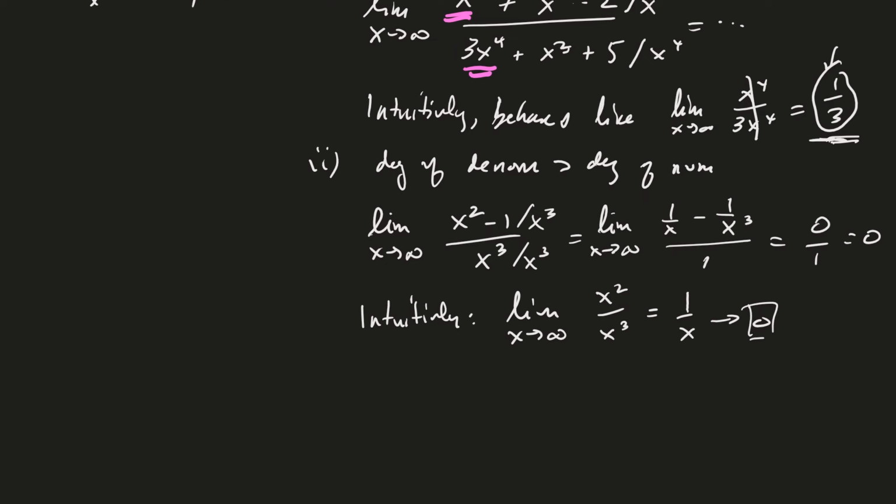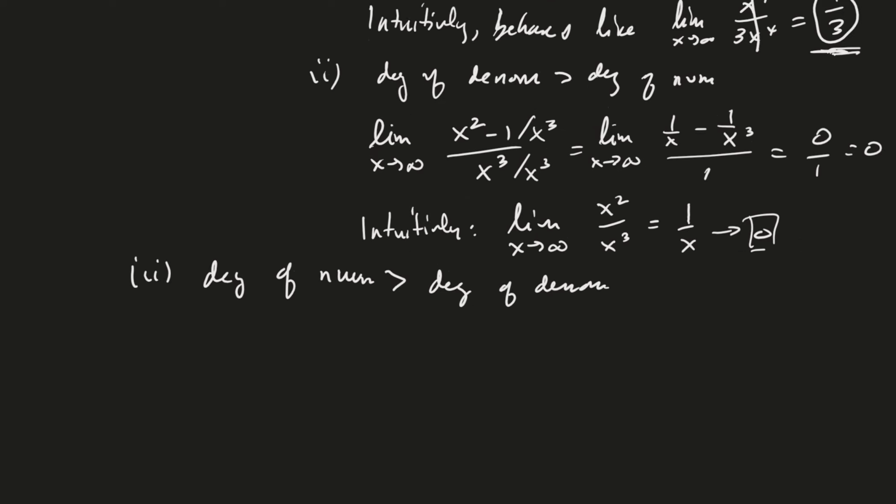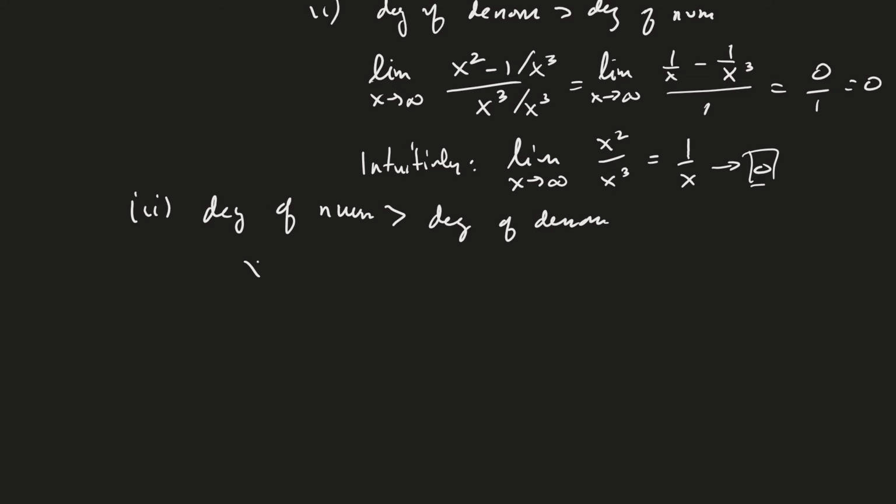Finally, you can probably guess what's going to happen in the next case. The degree of the numerator is bigger than the degree of the denominator. Right, so let's just reverse these from the last one. What happens if you have x cubed divided by x squared minus 1?